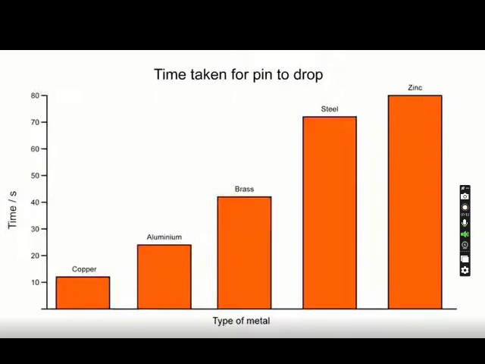If you plot the time taken for a pin to drop, we shall find that copper has the shortest time. So copper has the highest conductivity, followed by aluminium, followed by brass, and lastly zinc. So copper has higher conductivity while zinc has less conductivity.